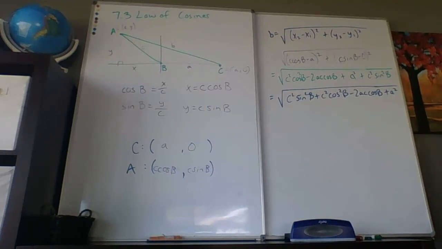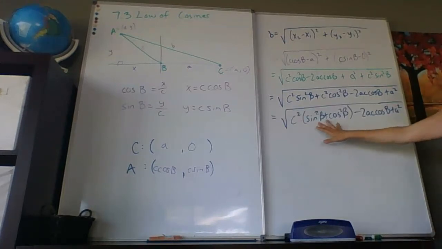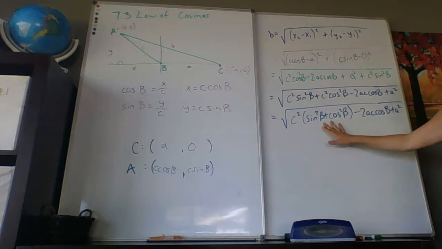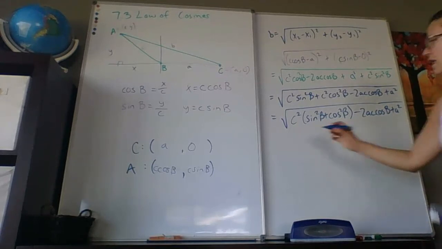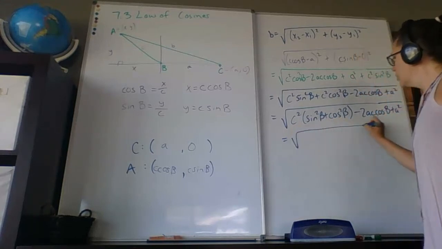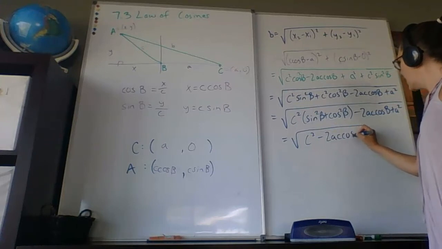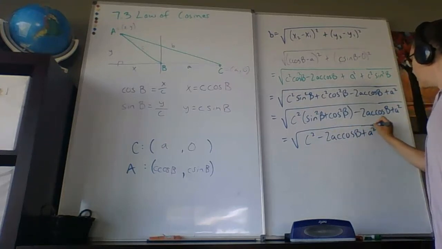Now let's factor out that C squared just from these first two terms. Look at that. We have C squared times the quantity sine squared B plus cosine squared B, and then we'll bring down the rest. But notice sine squared B plus cosine squared B is just 1. So we just get the square root of C squared minus 2AC cosine of B plus A squared.